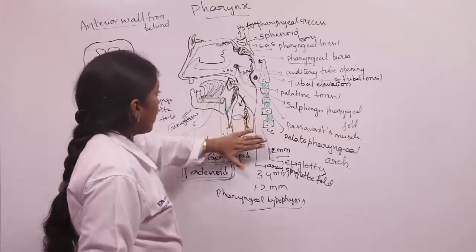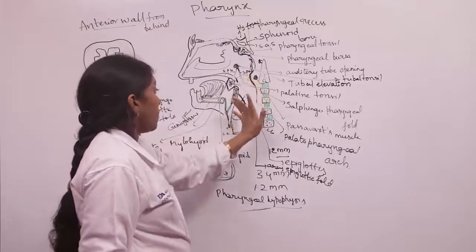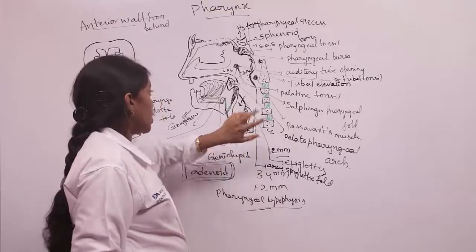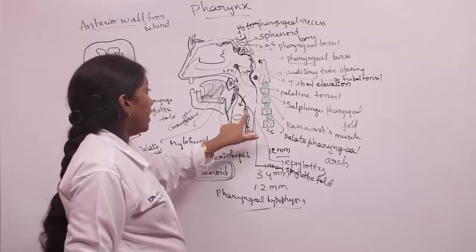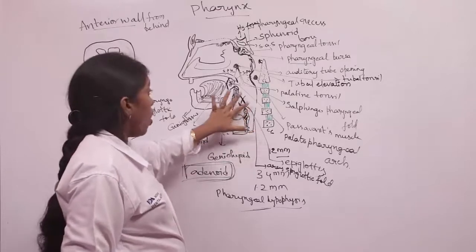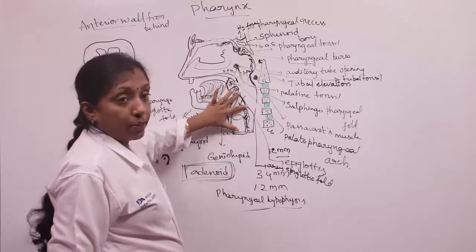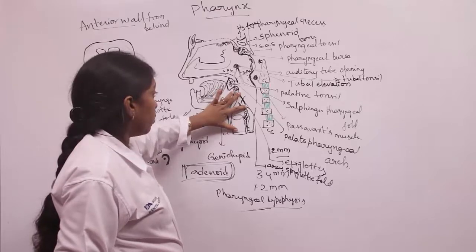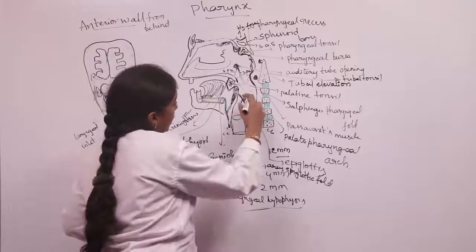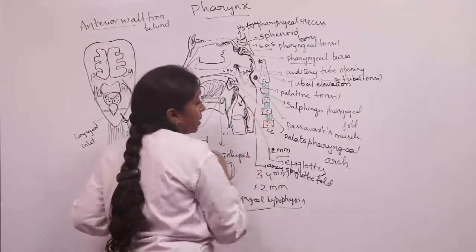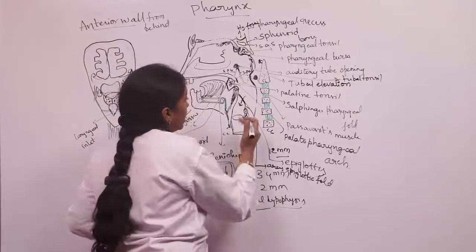So the laryngopharynx communicates with the larynx through the laryngeal inlet, which is bounded in front and above by the epiglottis, below by the interarytenoid fold of mucous membrane, and on either side by the aryepiglottic fold. Below the laryngeal inlet, the pharynx is covered by mucous membrane just behind the cartilages.